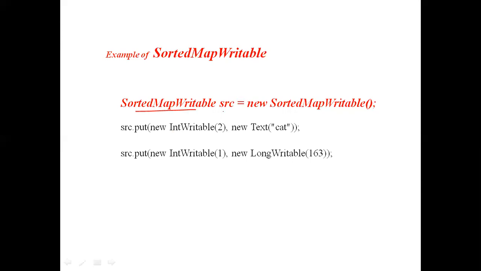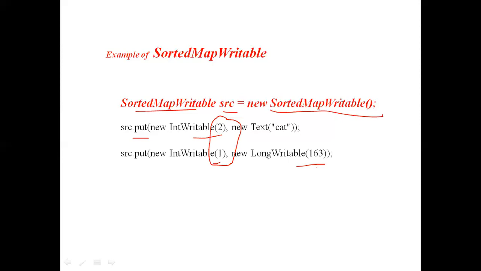SortedMapWritable src = new SortedMapWritable. Same, by using the put method, we are entering the first value, key 2 comma cat, next value, key 1 comma 163. See, here I am giving the key-value pairs in that listed order, 2 comma cat, 1 comma 163. But internally how it will store the values is in the order of keys only. First 1 comma 163 will be stored, then 2 comma cat will be stored.